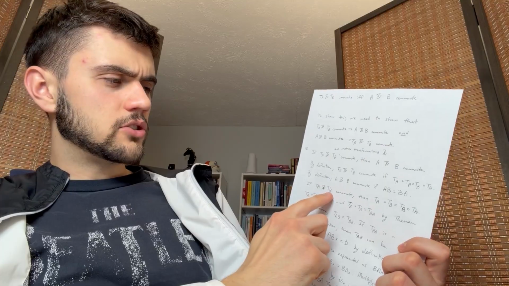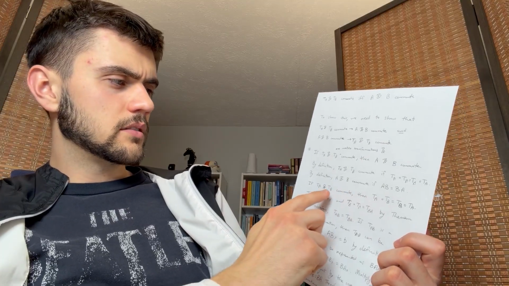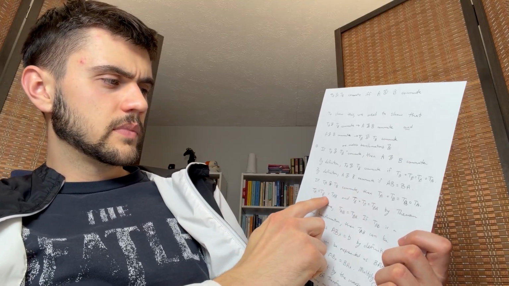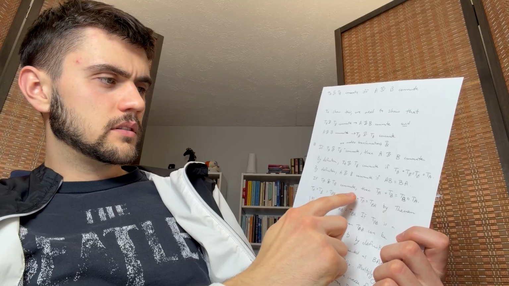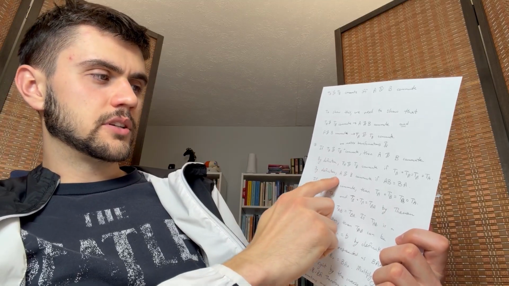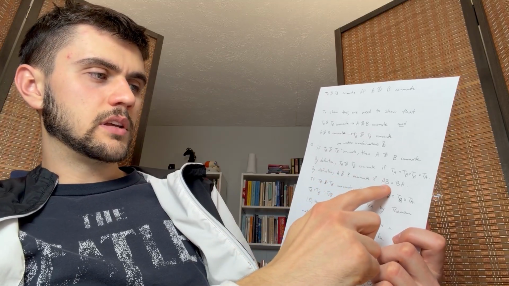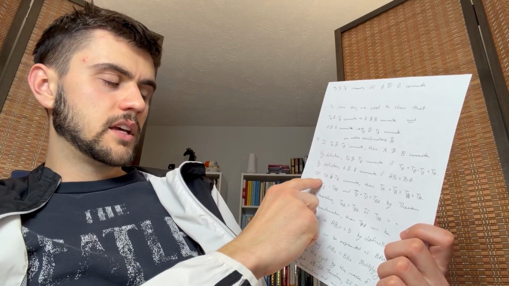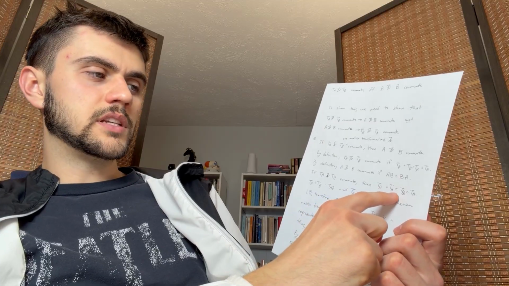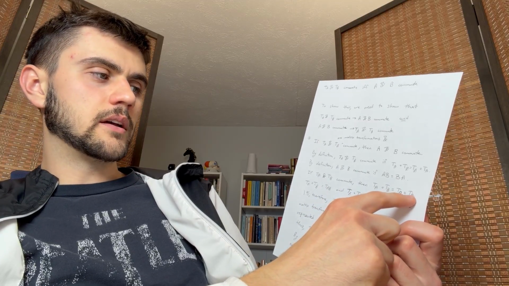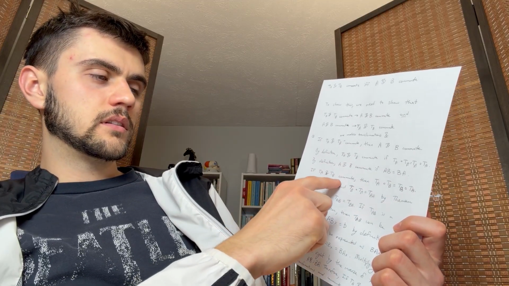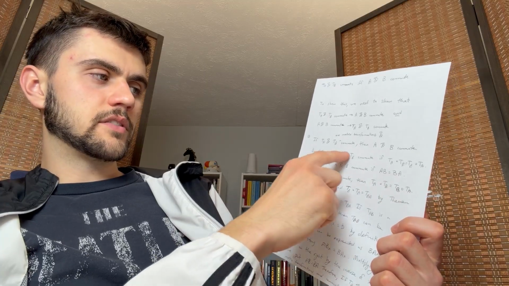Actually, no, by definition, A and B commute if AB equals BA. So here are the definitions of what it means for them to commute. Then I say, if TA and TB commute, then TA ∘ TB equals TB ∘ TA. That's basically the definition.